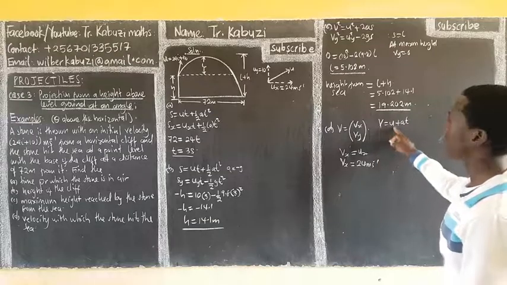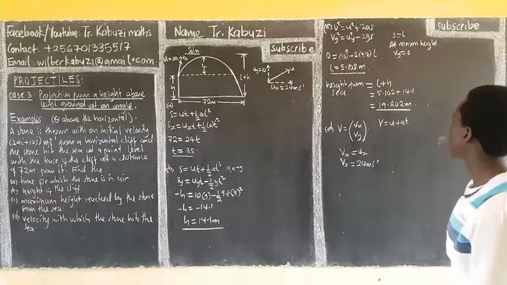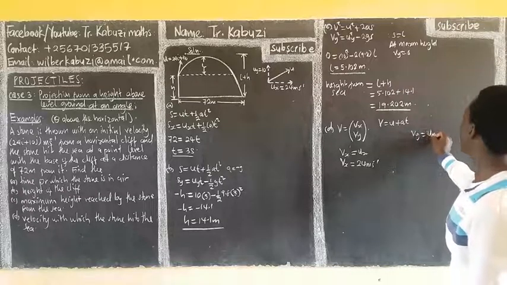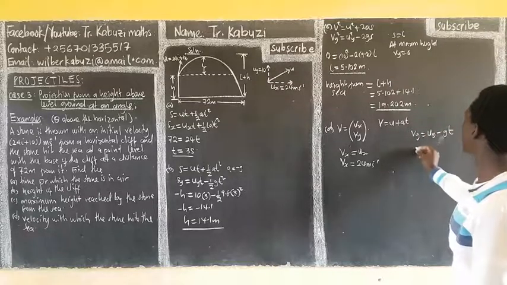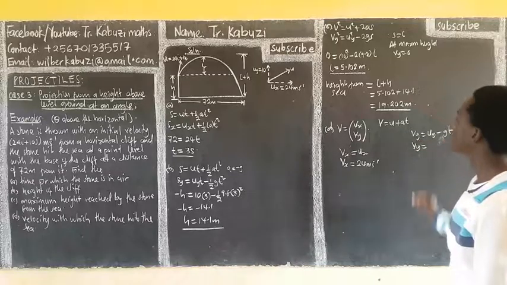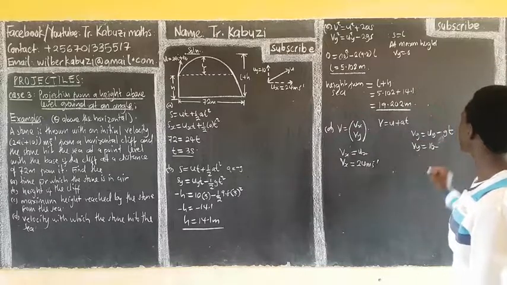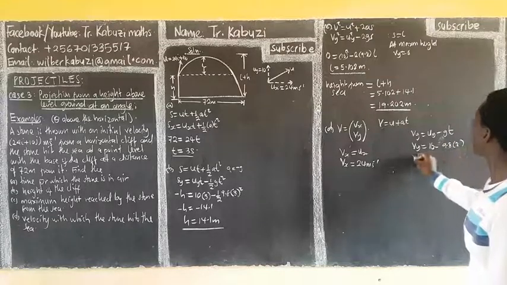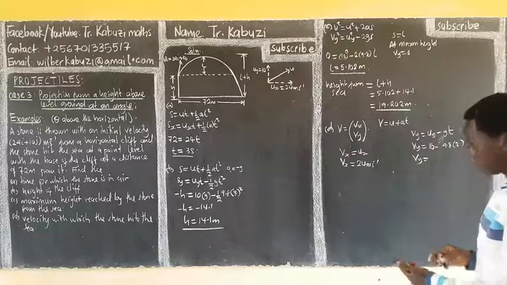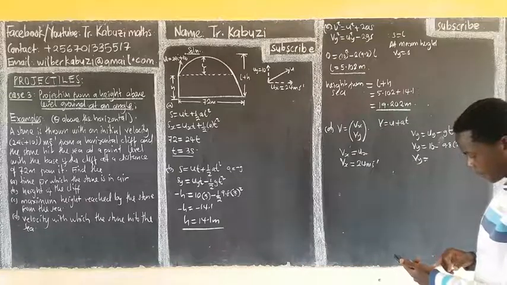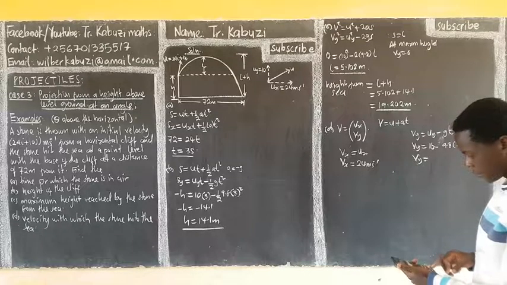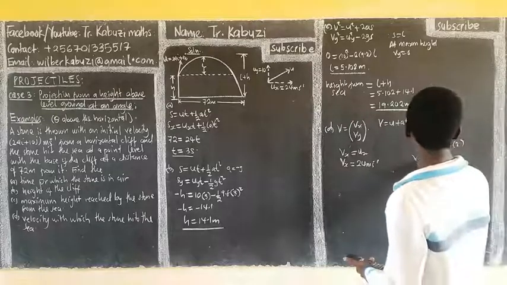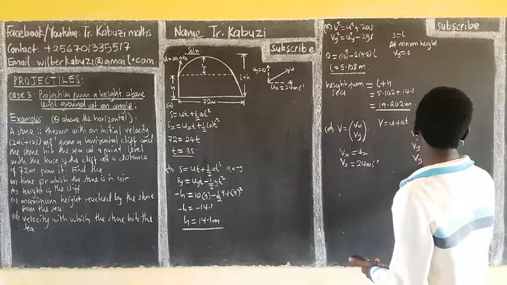So Vx equals Ux, that's why you get it like that. Then our Vy will be equal to Uy minus gt, which is 10 minus 9.8 into 3. So our Vy is going to be negative 19.4 meters per second.